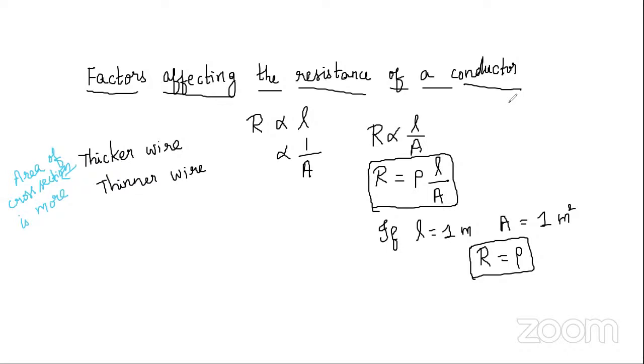These are the concepts which we have discussed now. Usually when we talk about the area of cross section of a wire, we always consider that the wire has a circular cross section.